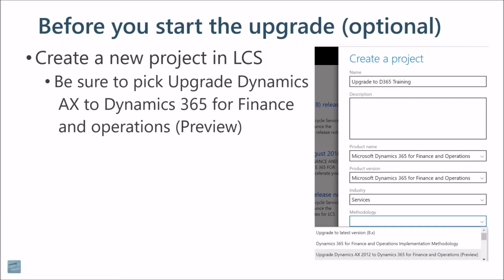And then you can pick an industry, but really the most important part is that methodology, which is upgrade Dynamics AX 2012 to Dynamics 365 for finance and operations preview. Someday it might have the preview come off, but for right now it still has that preview name on it. And that's what you want to select in there.